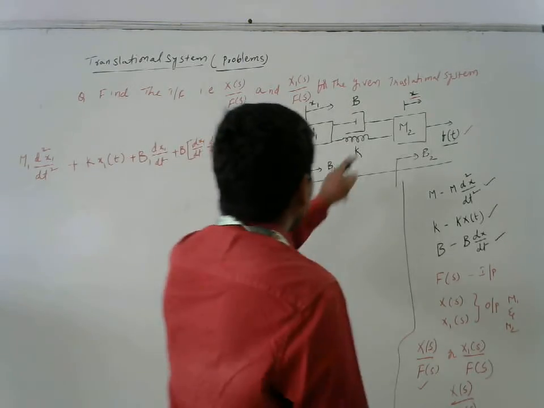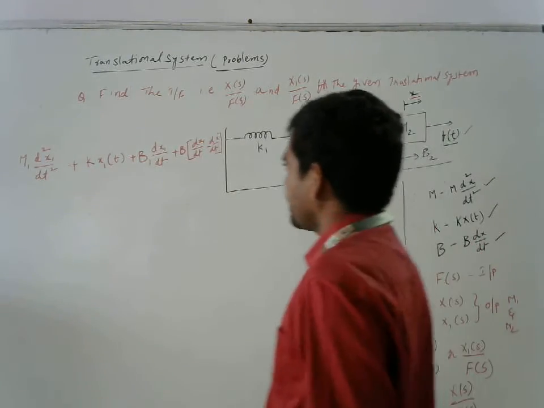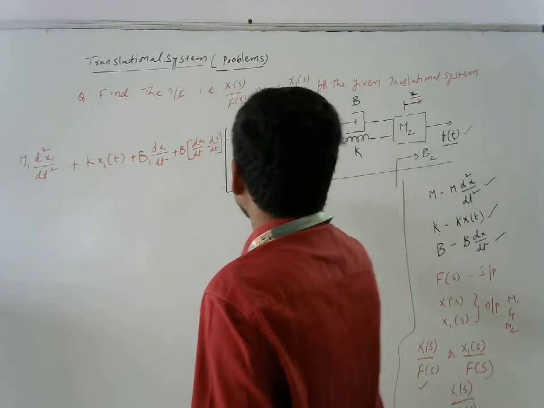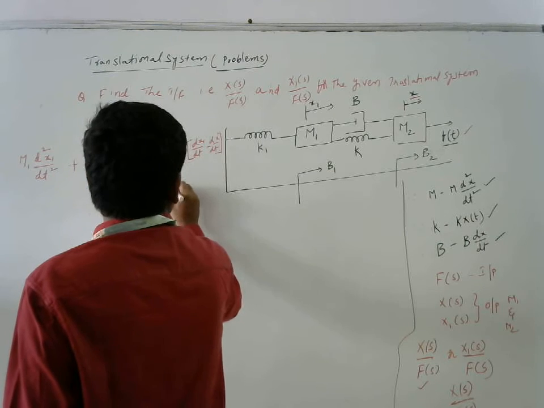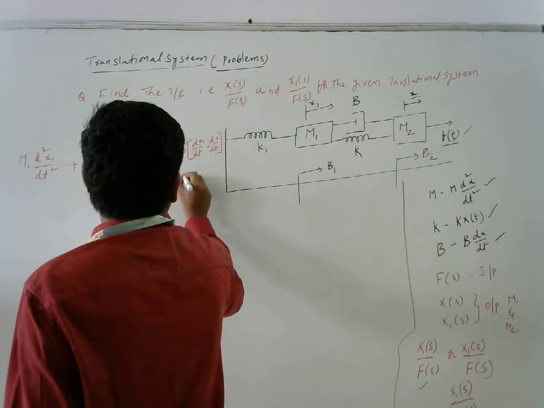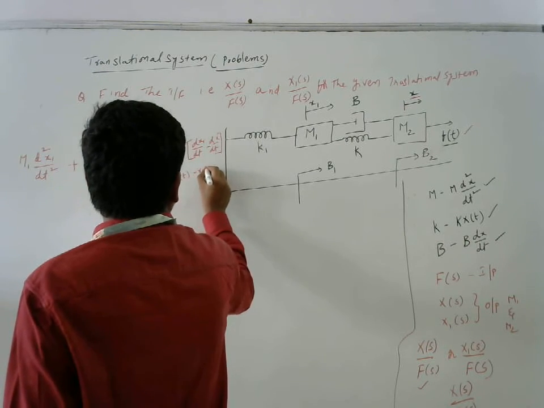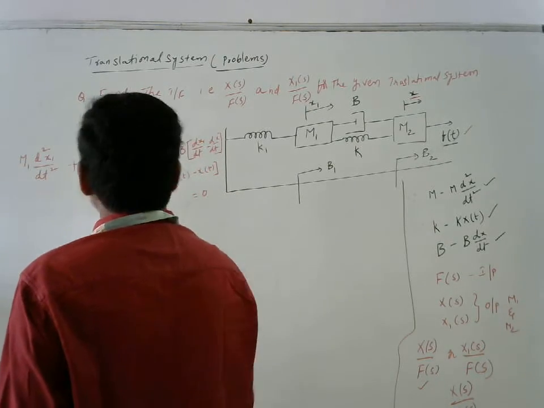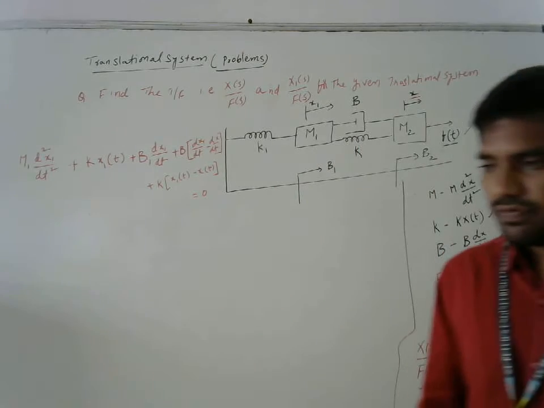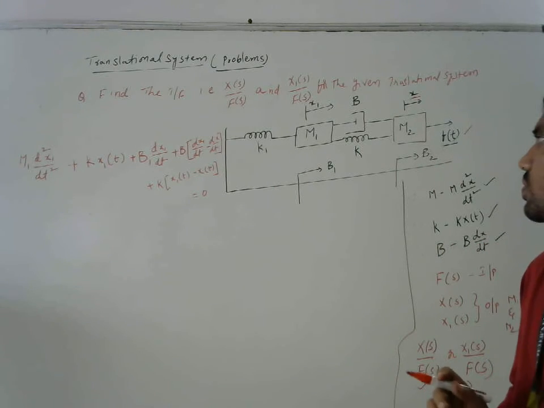That is b. And next, apart from that, what are we having? K. After that, what you have to write down? Plus k into x1 of t minus x of t, which is equal to 0. That is the first equation you have to know.